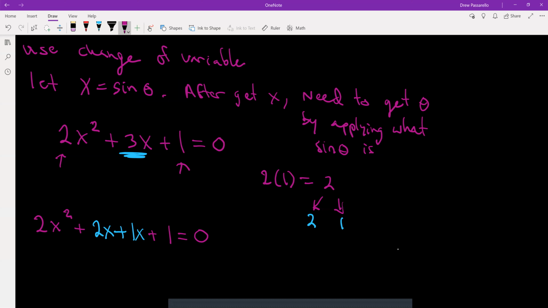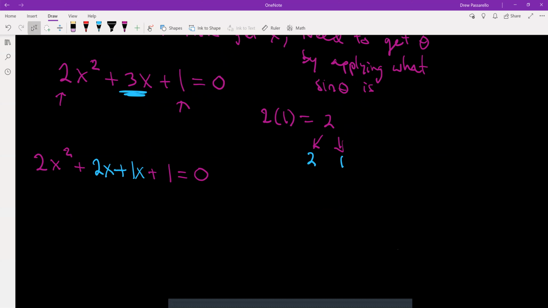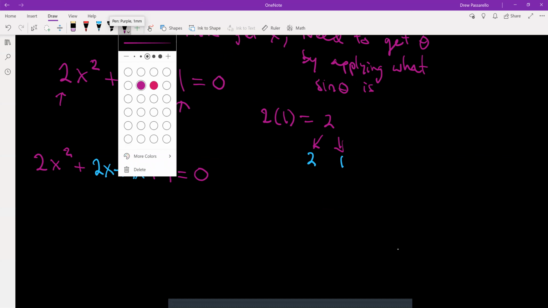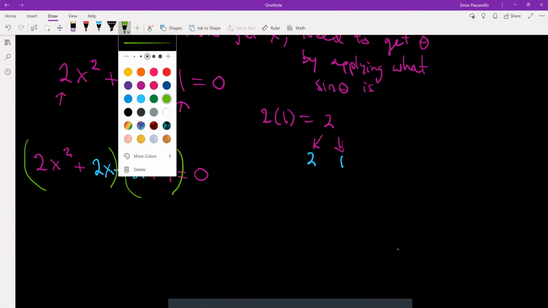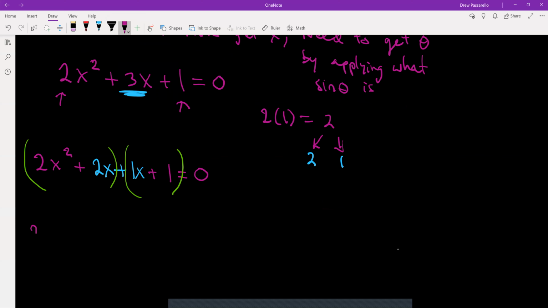And then I'm going to group the first two terms together. So I'll group 2x squared with 2x, and then I group the last two terms together, 1x and 1. 2x squared and 2x share 2x in common. I factor that out, that turns this into x plus 1. 1x plus 1 is the same thing as just x plus 1, but I can always factor out a 1.